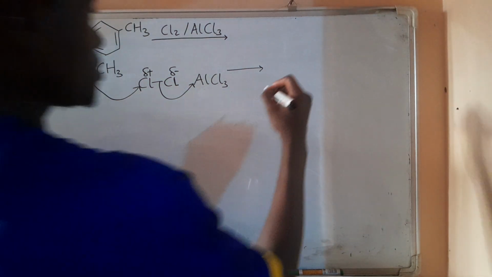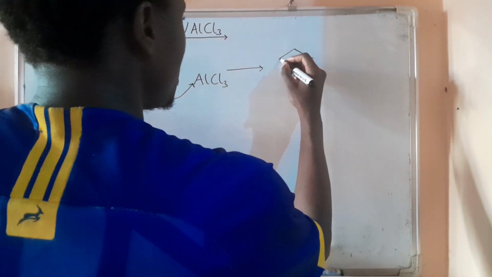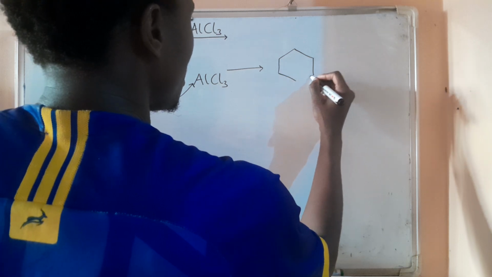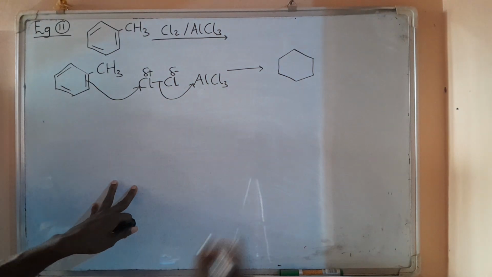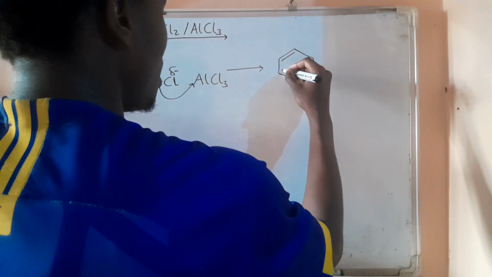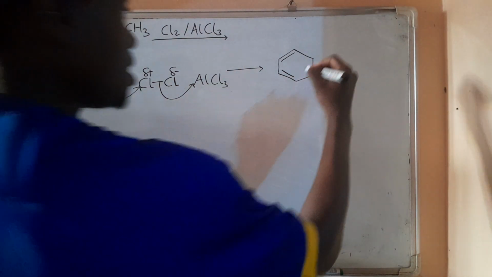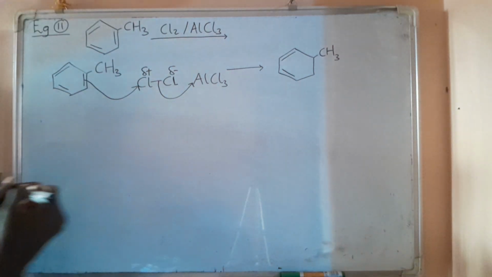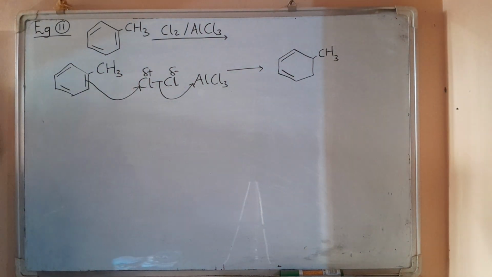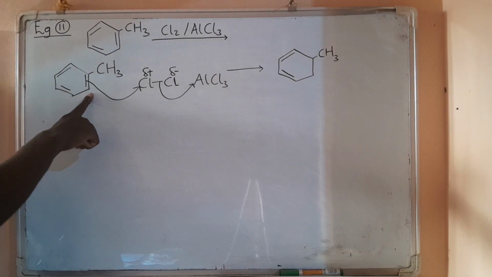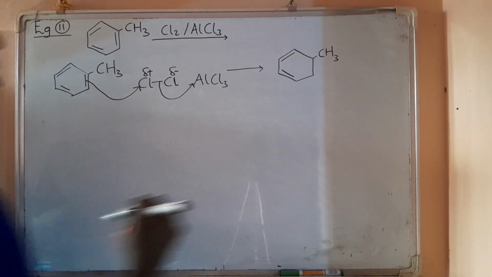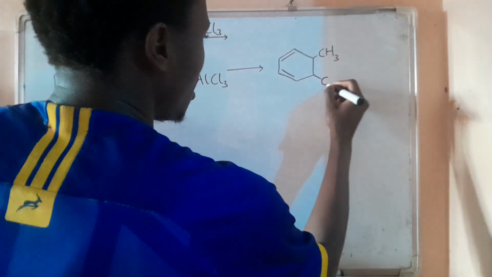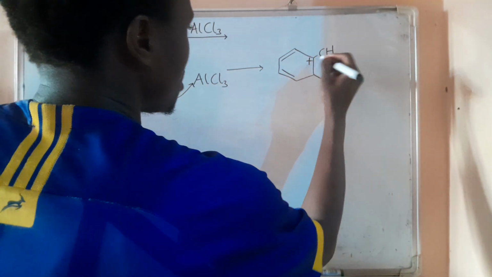The results obtain the following. We have our benzene ring, there is a bond there and a bond there. Then CH3 is here up. Now from the previous discussions, Markovnikov says that this incoming group goes to the nearest carbon with more hydrogens. Now we have this carbon and that one. We have seen that this carbon has more hydrogens. Therefore, chlorine will come here, so that there is a plus there.